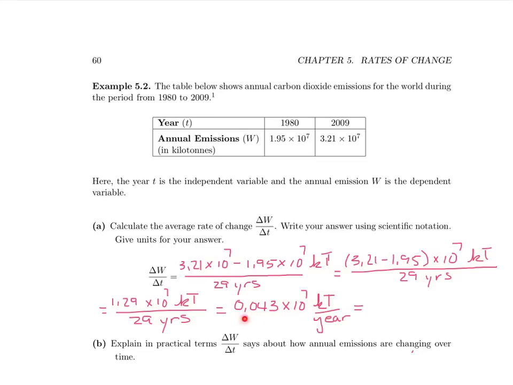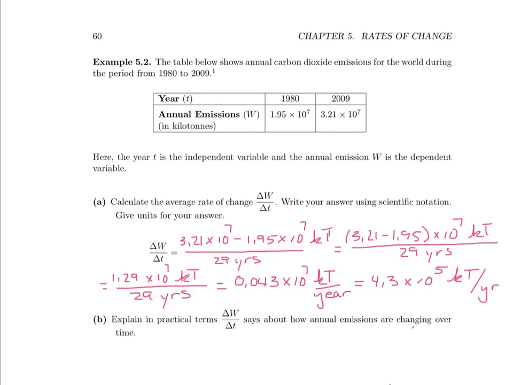So if you actually wrote out what this number is as its full decimal, what you would see is if you took 4.3 and multiplied by 10 to the 5th, it's exactly the same number. So I can rewrite this as 4.3 times 10 to the 5th. And this is kilotons per year.